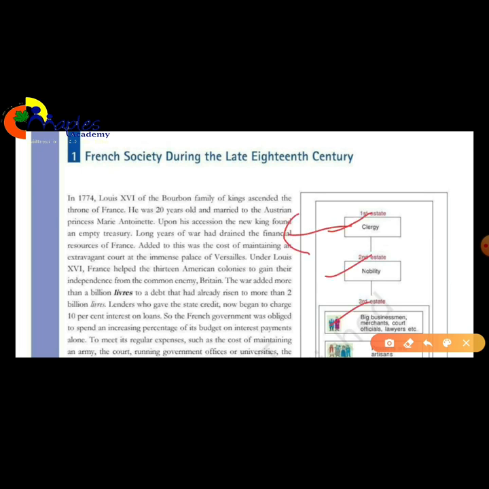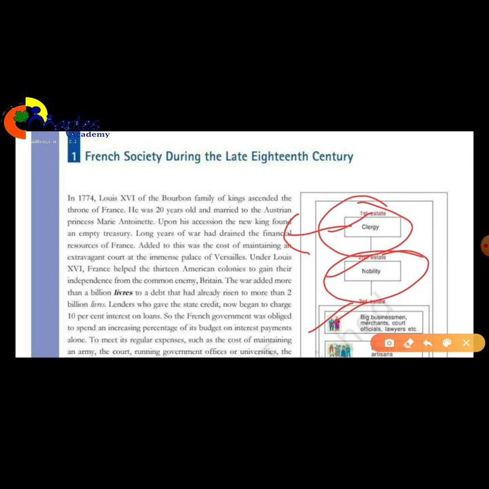Clergy were the people, just like the Brahmans in India, the fathers of the church. Nobility included all the ministers of the king and big landlords. And the 3rd estate included people such as businessmen, merchants, lawyers, teachers, artisans, etc.